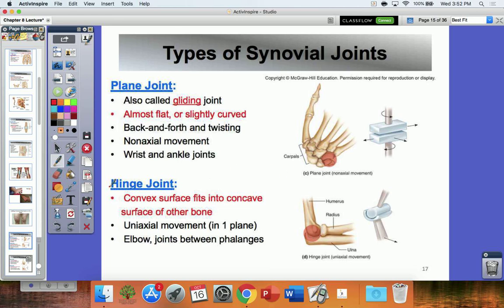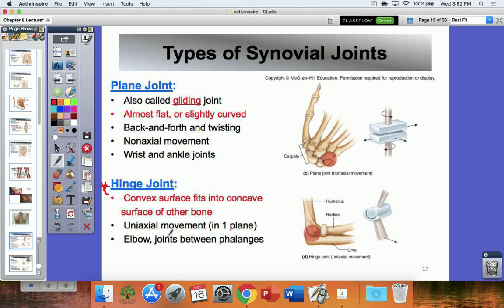Hinge joint. Now, hinge joint should sound familiar. When you think about the word hinge, I think about, not sure about you, but I think about a door hinge. And these joints are going to be moving the exact same as a door hinge, okay? And so these are going to be found in places like our elbow and our knee.